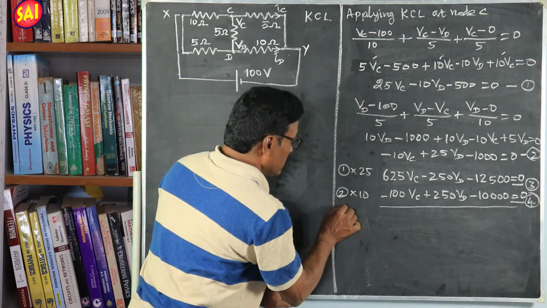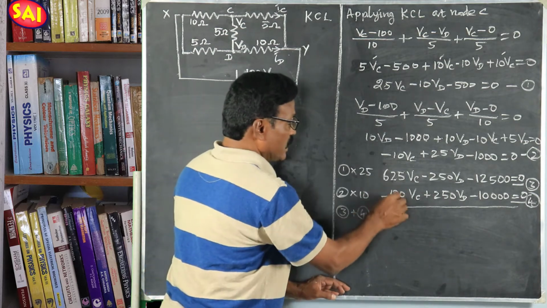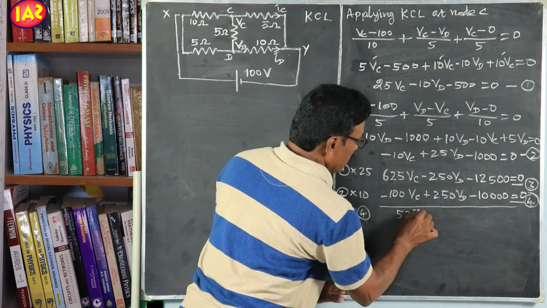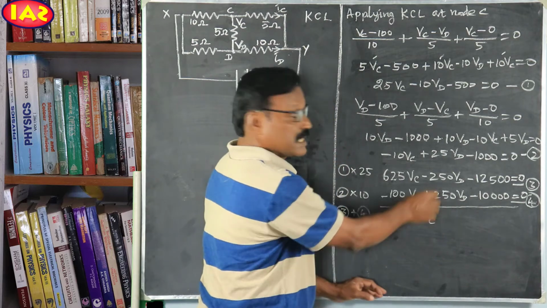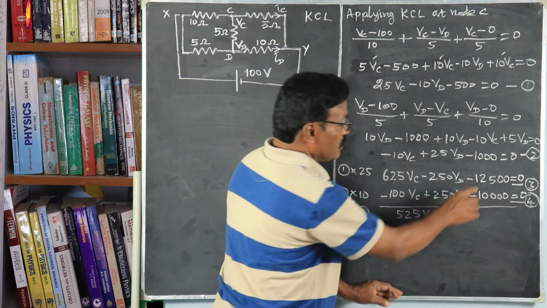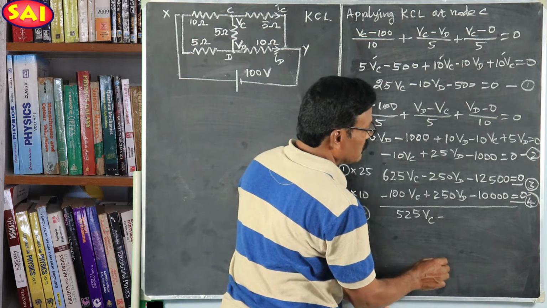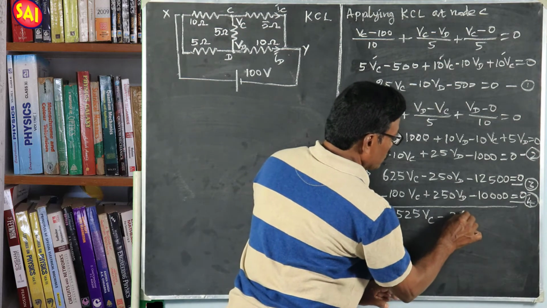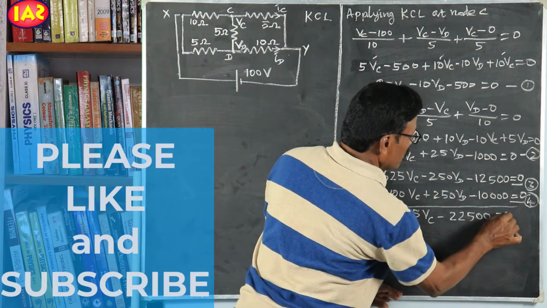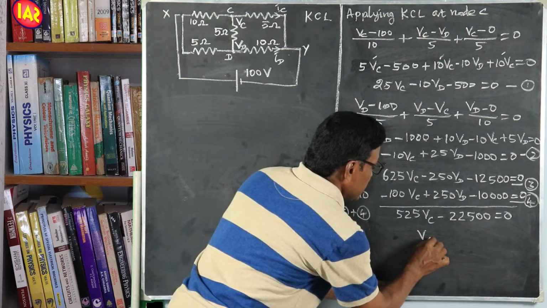Now, equation 3 plus 4 will give 625 minus 100 will be 525 VC. This will cancel out. Minus 12,000, 10,000, 22,500 equal to 0.